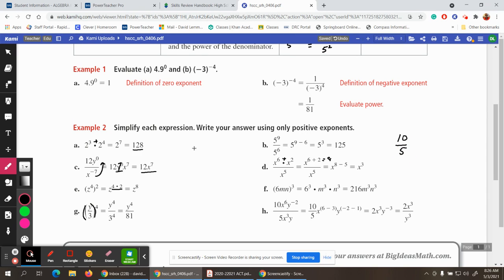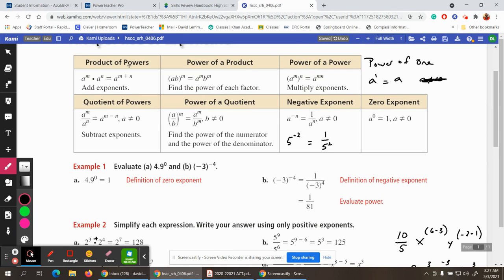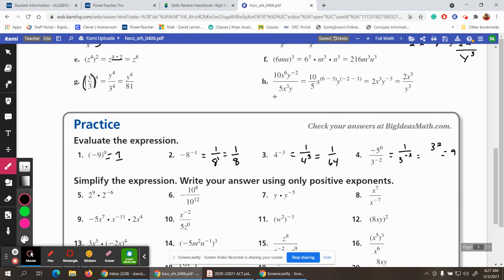And this is going to be x to the 6 minus 3, and then y to the negative 2 minus 1. Okay, and so that will equal 2x to the third, y to the negative third. And so then I'll move that y down, and that gives me 2x to the third over y to the third. So it's just following your skills, following your steps, doing these as you come across them.